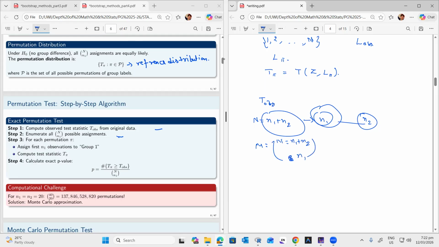Under the null hypothesis H naught, the two groups come from the same distribution, so every assignment of labels to the fixed data values is equally likely. This is the exact null distribution of the test statistic with no approximation. Remember that we are not resampling new data; we are reshuffling the existing observations.